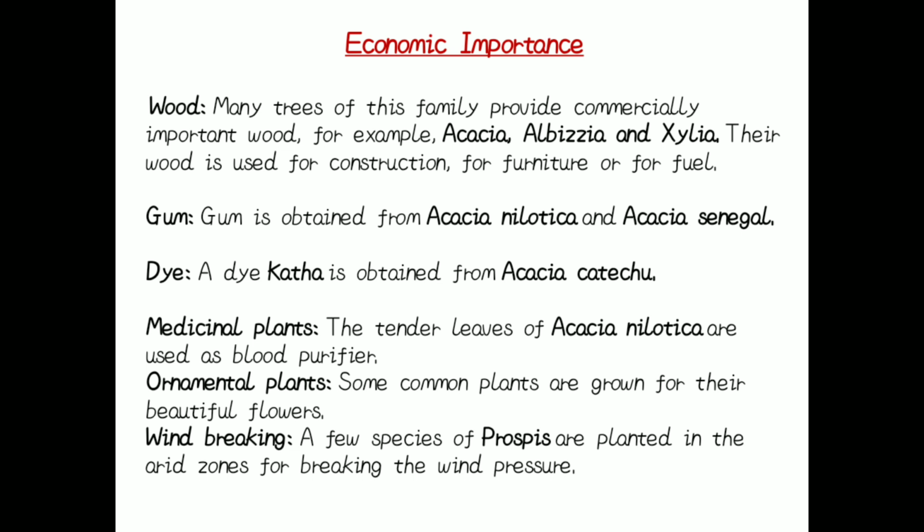Gum is obtained from Acacia nilotica and Acacia senegal. Katha is also obtained from Acacia catechu. Among medicinal uses, Acacia nilotica acts as a blood purifier, and recently it has been proved that the flowers of Acacia nilotica show hepatoprotective activity.